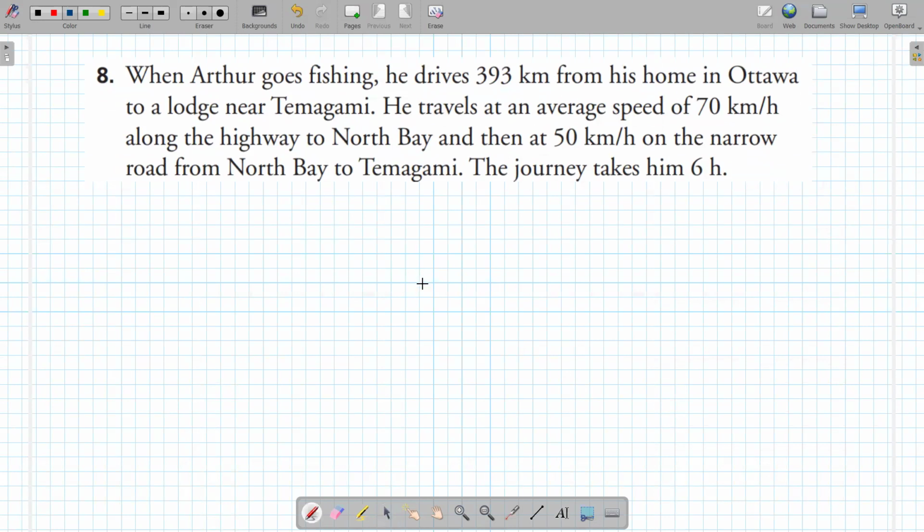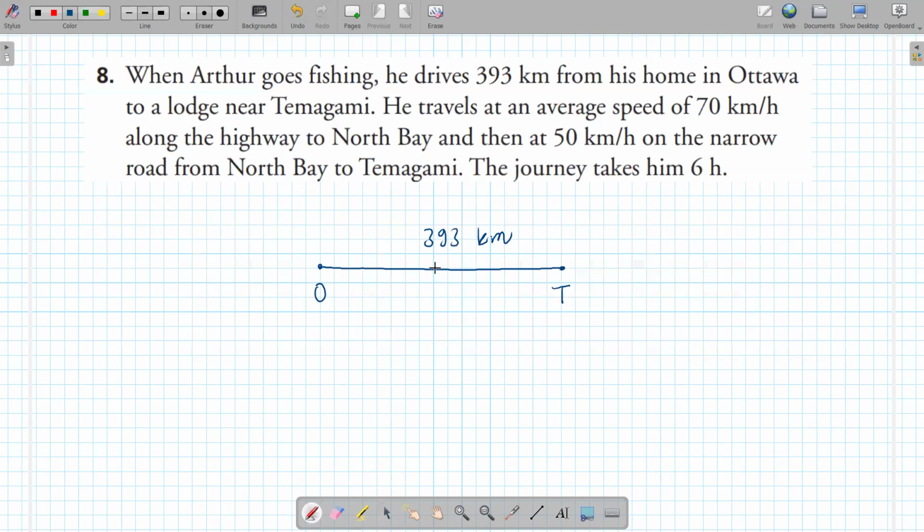So Arthur is driving from Ottawa to Temagami. The distance is 393 kilometers. He's going through two roads.